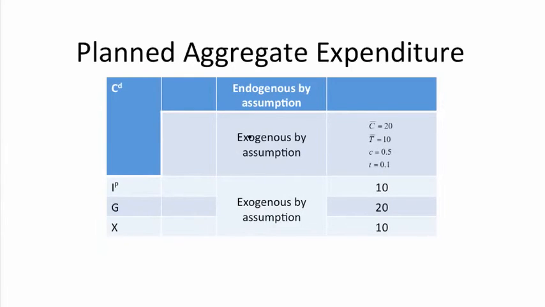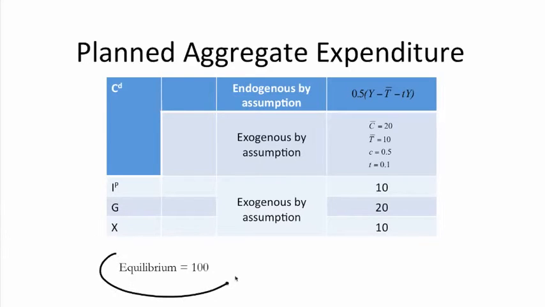We complete the story of planned aggregate expenditure by including the very rich detail we have about households' consumption plans, noting that those plans have both an exogenous and an endogenous component. And we've seen that in this particular instance, once we know all of this structure or detail about planned aggregate expenditure, the economy's equilibrium must be 100 units of output.